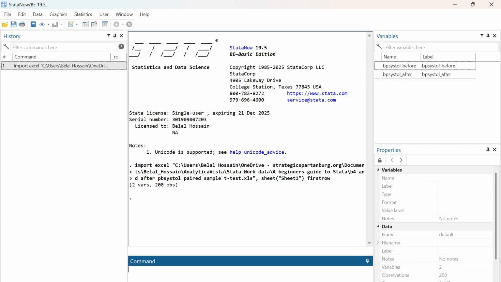So let's say that we are trying to improve the conditions of systolic blood pressure among 200 adults, for example, in a community. They have presumably higher levels of systolic blood pressure, and we're trying to reduce the average systolic blood pressure.